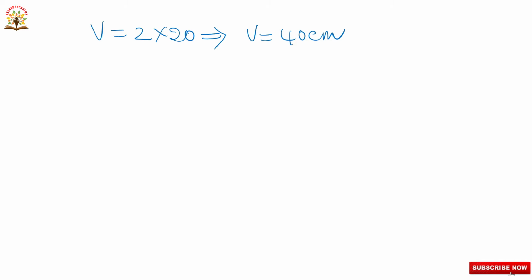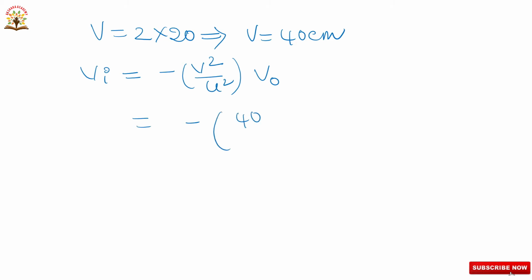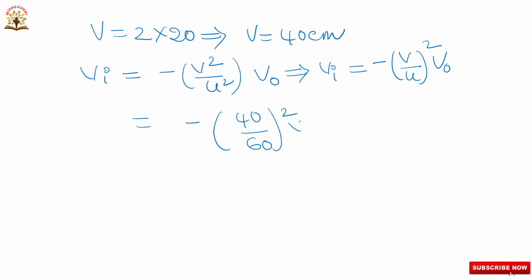Now vi, the speed of the image, is equal to minus of v square by u square into v naught, that is equal to minus of 40 by 60 whole square. This can be written as vi is equal to minus of v by u whole square into v naught, so into 9.